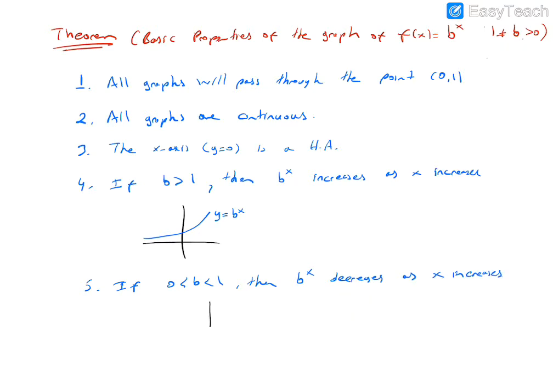So the graph is like the 2 to the power minus x graph, yes, or the 1 over 2 to the x graph. So the graph looks like this one. So the y equals b to the power x graph looks like this one.